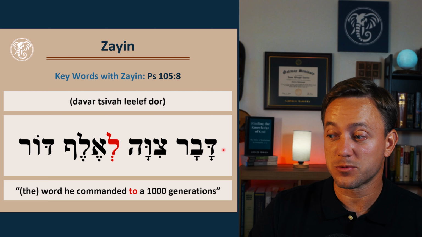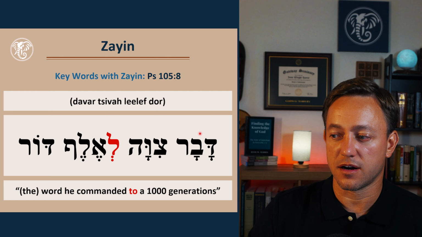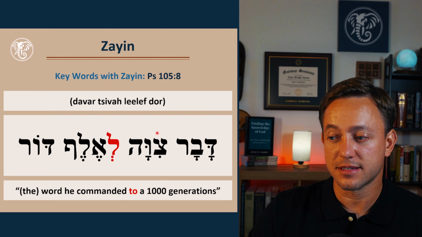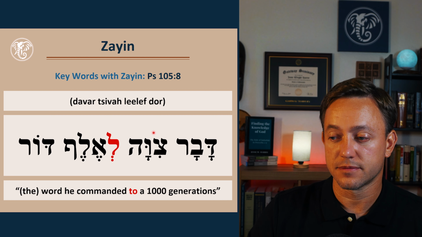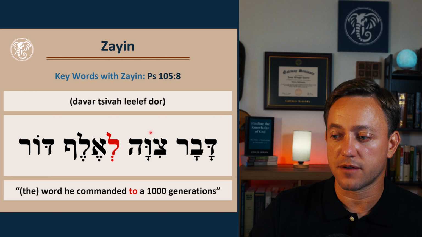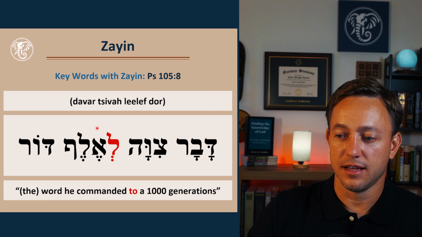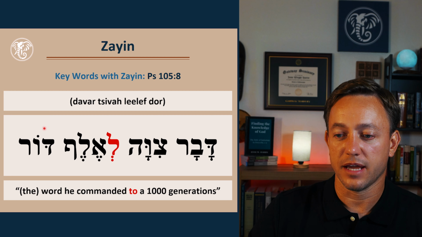Hopefully you remember that one as well when we talked about the letter Dalet. Davar. So the word, siva, which means to command, which is related to that word mitzvah, which means a commandment, or mitzvot. Very, very common in especially Deuteronomy and Proverbs. So the word He commanded, le'elef, meaning for 1,000. Elef means 1,000. And then dor.